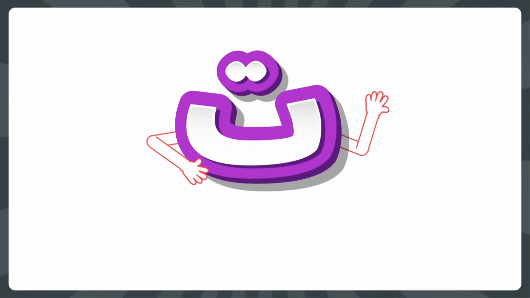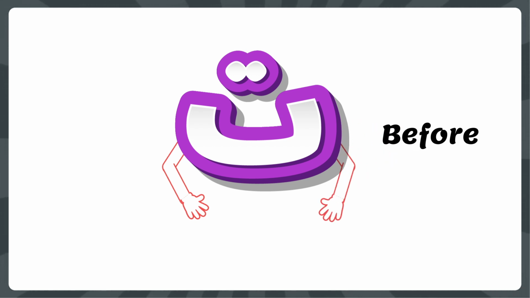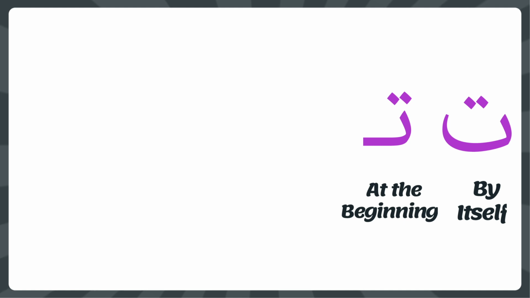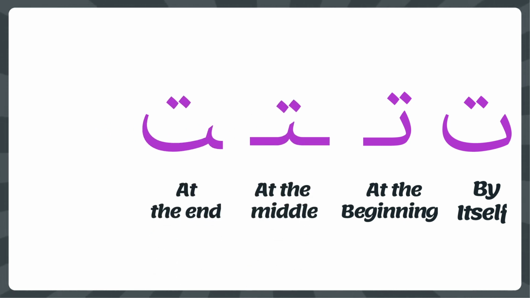Letter Ta has 2 hands and can connect letters before and after. So this is the shape of Ta by itself, Ta in the beginning, Ta in the middle, and Ta at the end. Also, Ta could be rounded at the end.